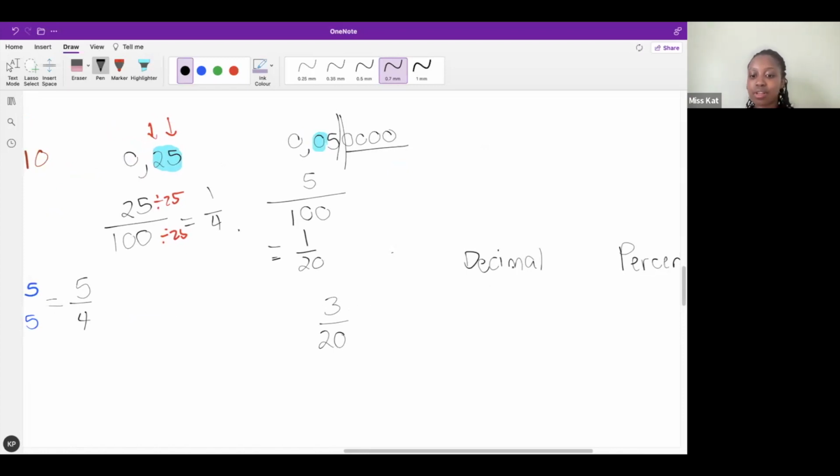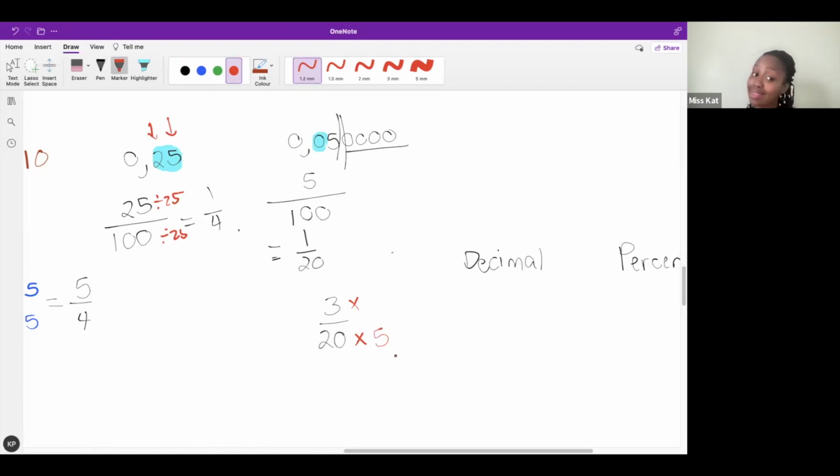It's going to be very difficult to know what the decimal is, right? So I want my denominator to be 100. So tell me, guys, how am I going to get from 20 to 100? Check again, Caden. You're very close, but you're off by 1. By 5.